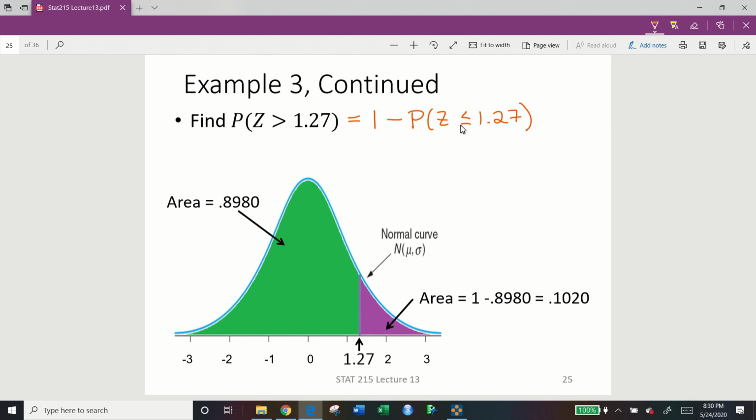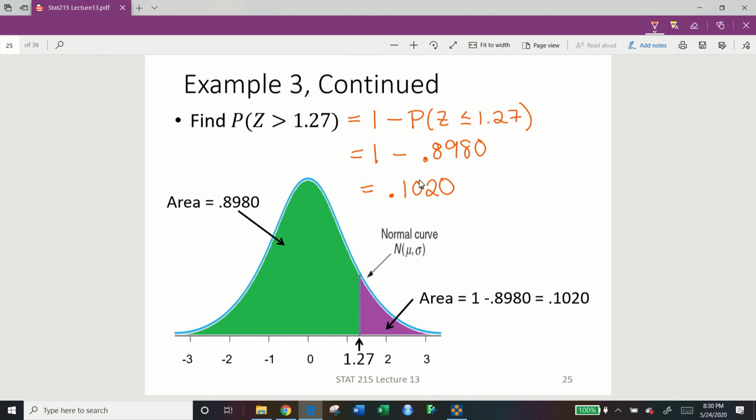And when it comes to continuous values, we do consider less than and less than or equal to, and greater than or equal to, to be equivalent. So from the previous slide, we know that the probability of Z being less than 1.27 is 0.8980. A little bit of subtraction, and we can see that this is equal to 0.1020.